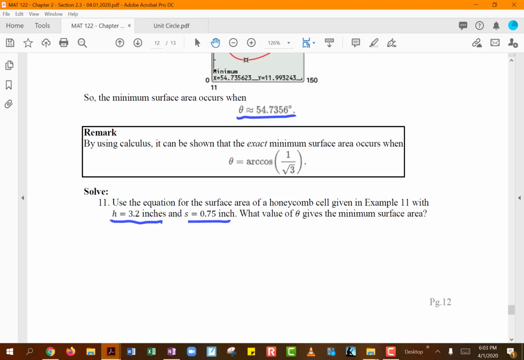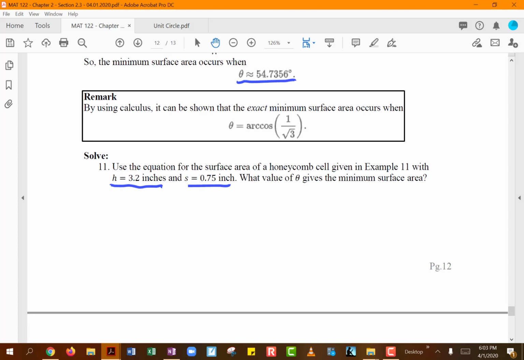So I wanted you to show that this is 54.7356, and even though we changed the height of our cell here, we got a height of 3.2, we still actually ended up getting theta to be approximately the same answer, 54.7356.